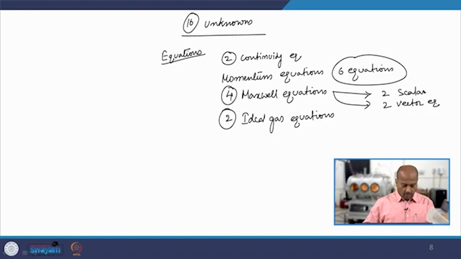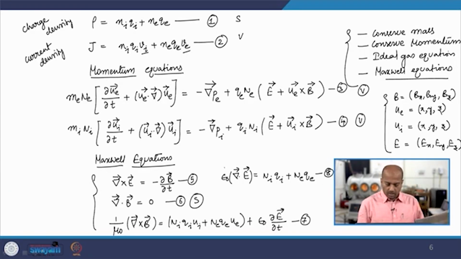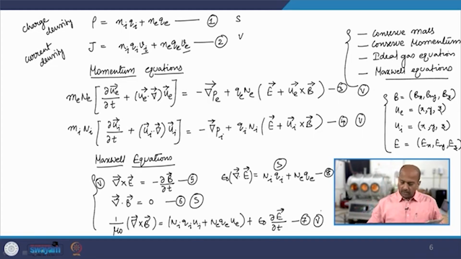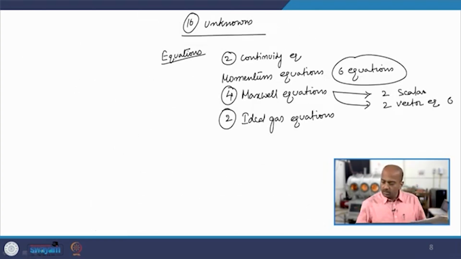Not all of these are vector equations. There are two equations which have divergence; they are scalar equations. The other two are vector equations, and upon splitting, the two vector equations give you 6 equations, plus 2 scalar, so 8 for the Maxwell equations.